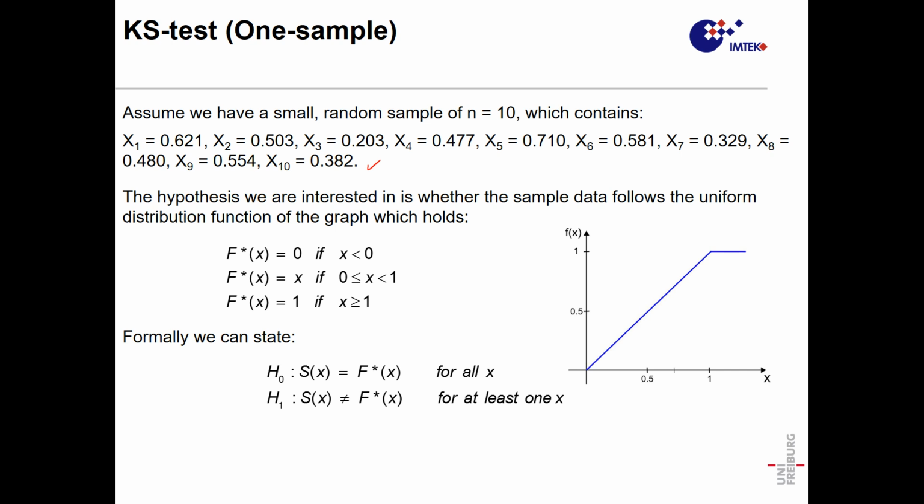So it's an invented distribution, and below 0 it is 0, after 1 it is 1, and in between it is a linear relationship of slope 1 between x and the probability of x, right? And then we want to see if our data here follow this distribution. We're just interested in whether they are equal or different, so it's going to be a two-sided test, right?